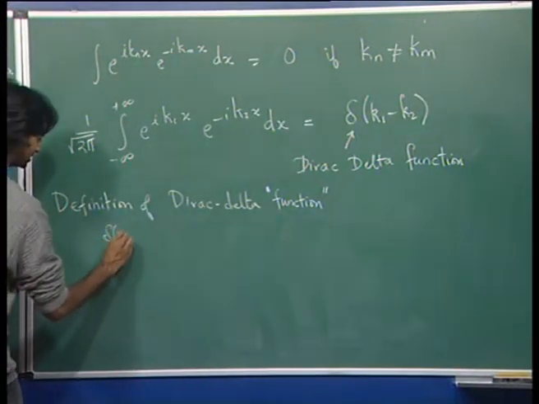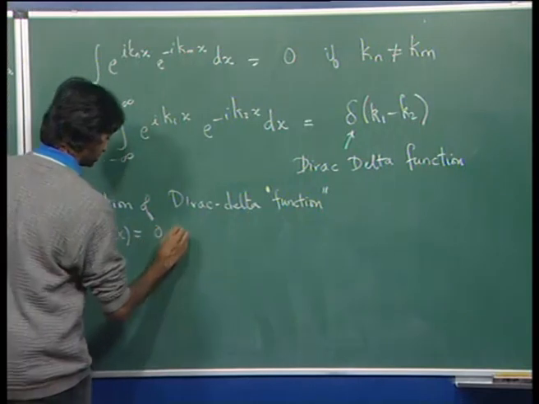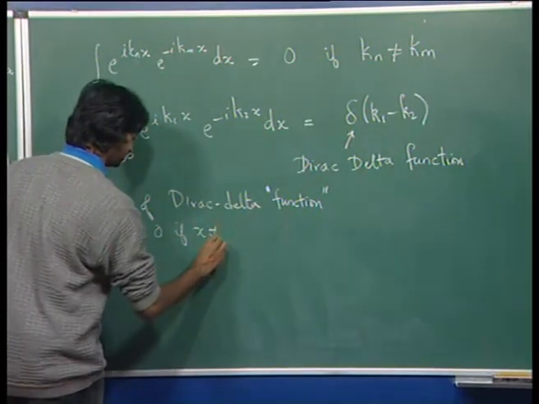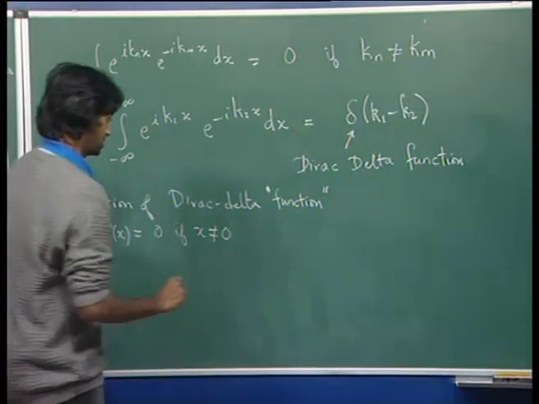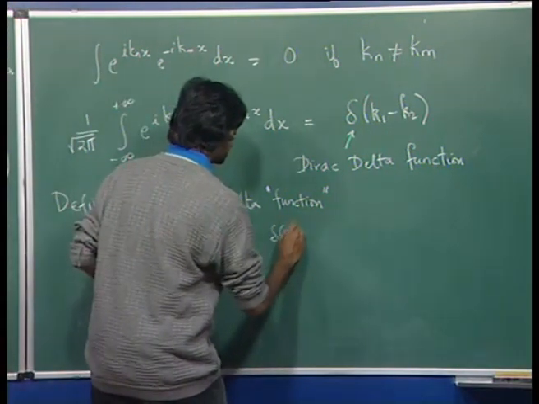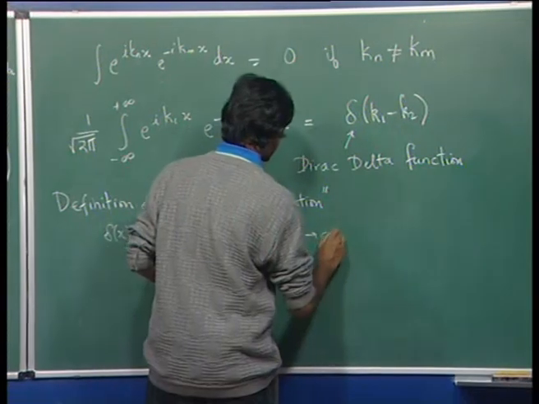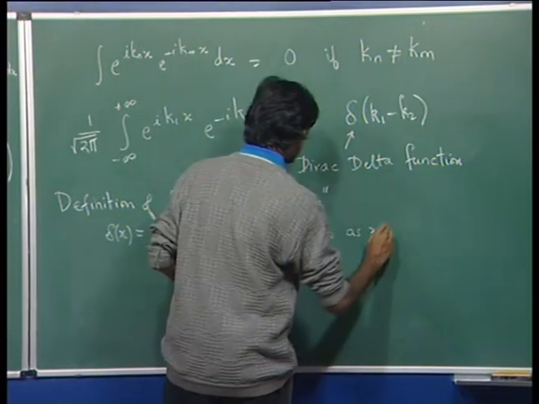Delta of x equals 0 if x is not equal to 0. Delta of x tends to infinity as x tends to 0.